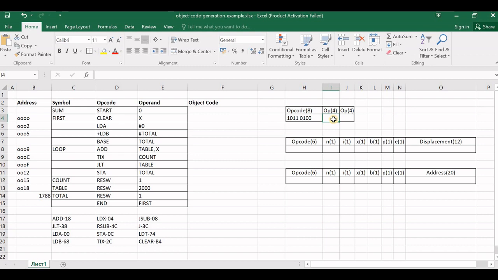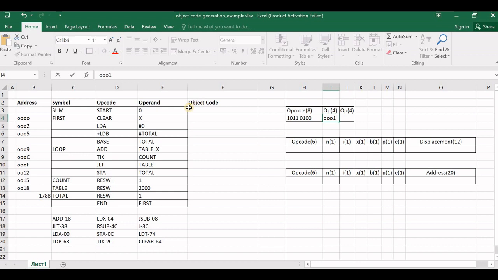A, the accumulator register, is allocated the value 0. X is an index register which is allocated the value 1, and so on. So the number associated with X is 1. Represent that 1 in binary, that is 0001.